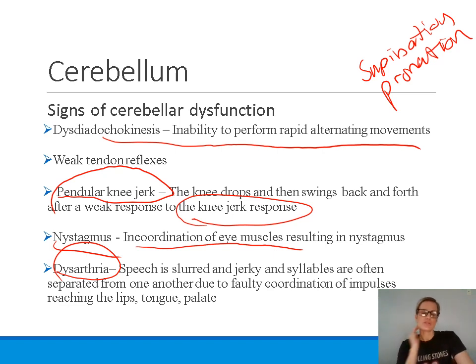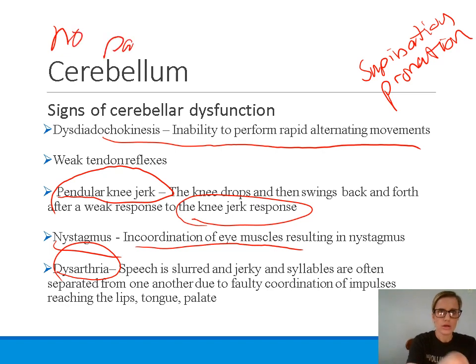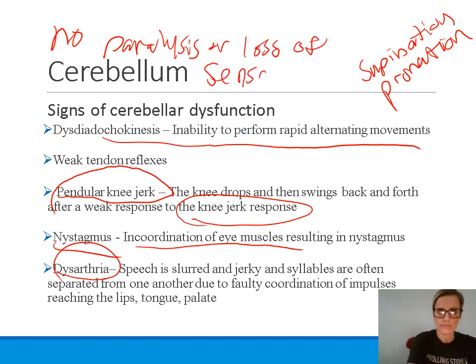There's no paralysis, right? No paralysis. No loss of sensation. Muscle contraction can be weak. There is like a loss of tone, but the muscles still contract, right? There's no paralysis.